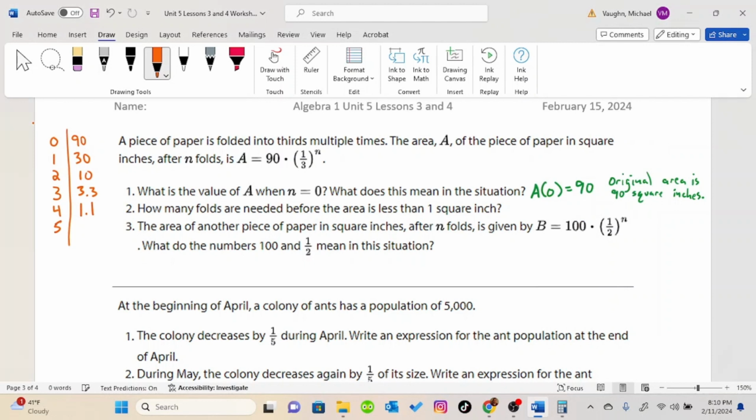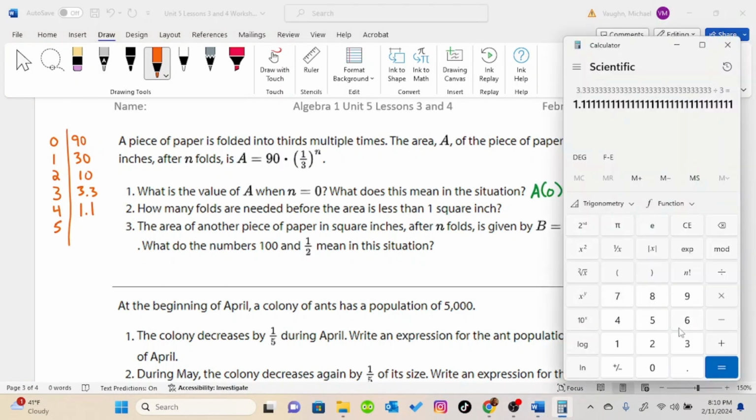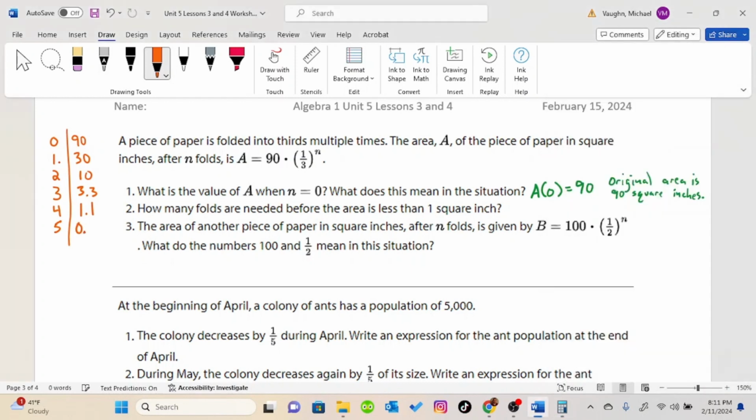So now if we go to a fifth fold, and we divide by 3 again, now we're at 0.4. Therefore, it takes 5 folds.